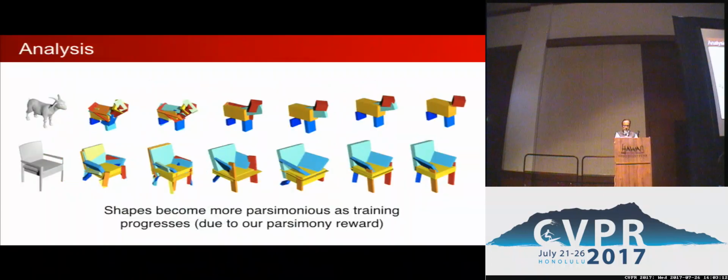And also we add a parsimony term in the optimization for the net, so that it tries to explain the geometry with as few primitives as possible. So you can see that initially it is using more primitives, but as the iterations proceed, the number converges to what we would think of as a canonical explanation of the geometry of the shape.